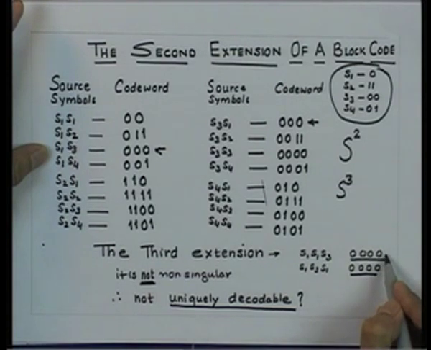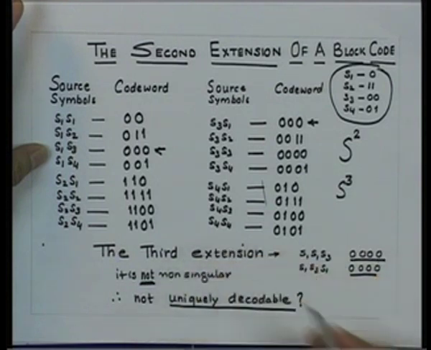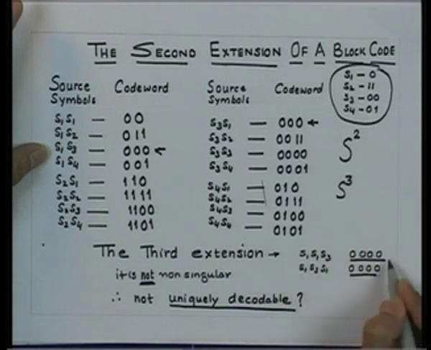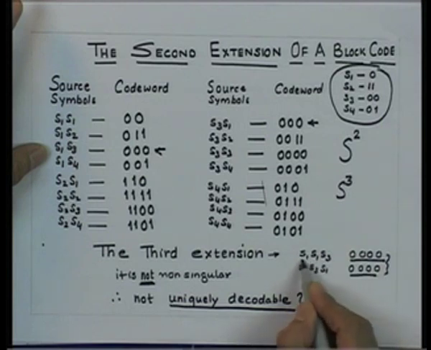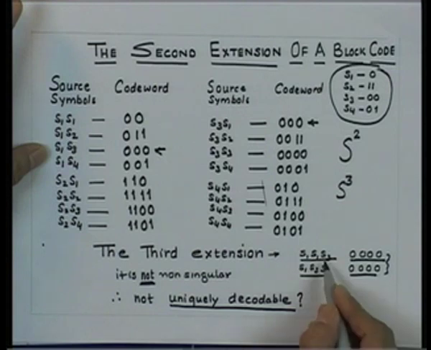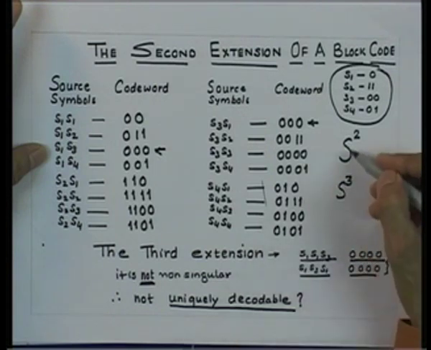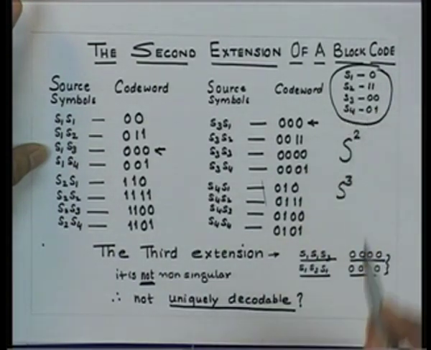So, again you will find that this is one example. There could be many more like this when you try to do the third extension of the block code. Here, both the code words are the same for two symbols in the third extension of my preliminary source given earlier.